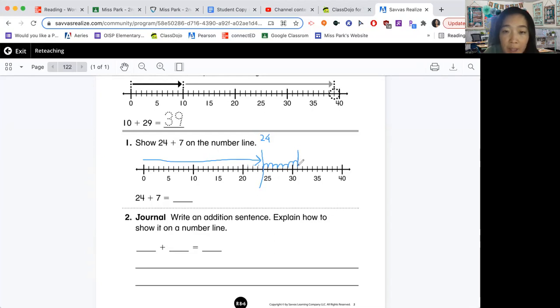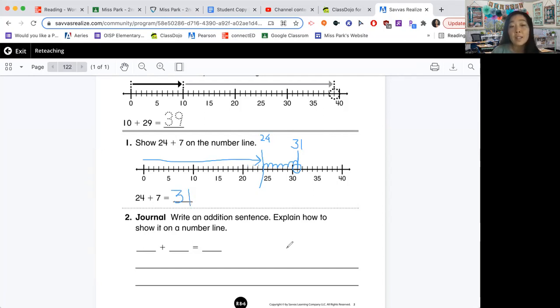So here I am at 7. I'm going to circle this number. And then what number is that? Well, I know that the number before it is 30, so the number after 30 must be 31.